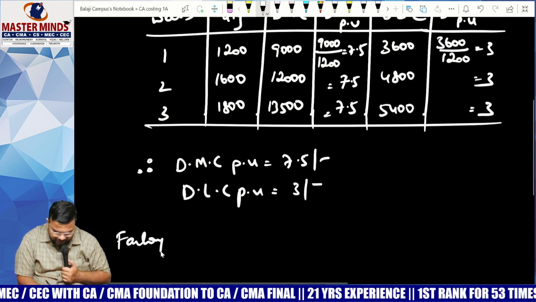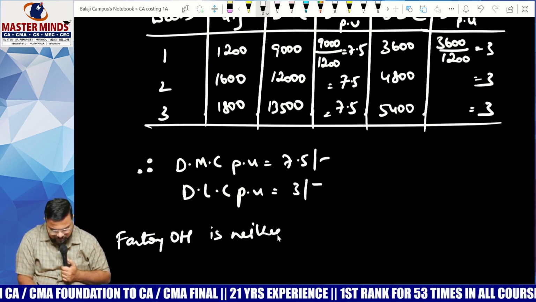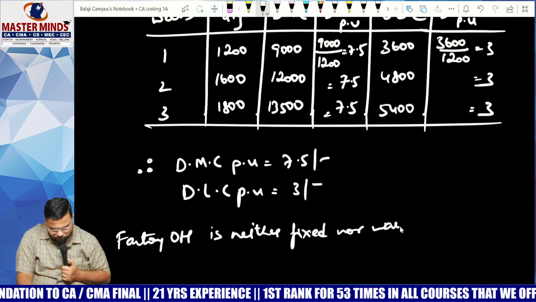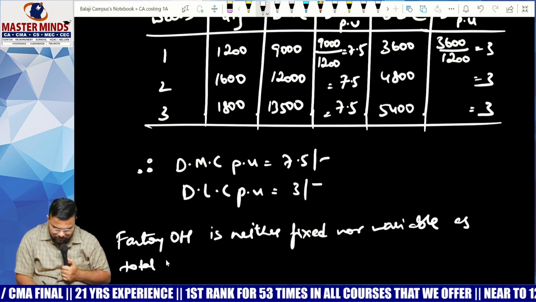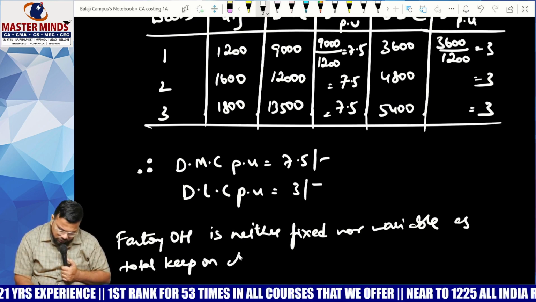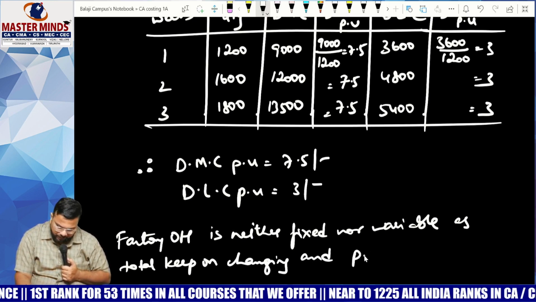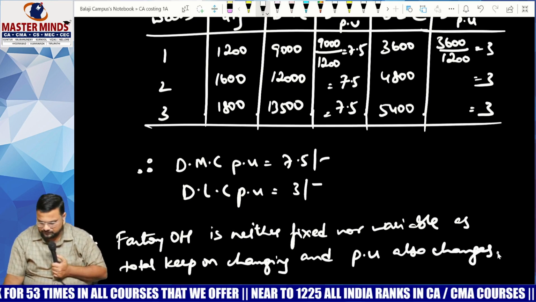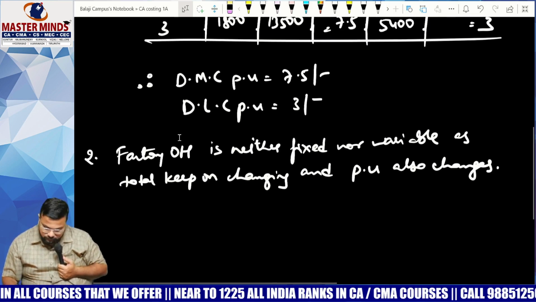Factory overhead is neither fixed nor variable, as the total keeps on changing and per unit also changes.